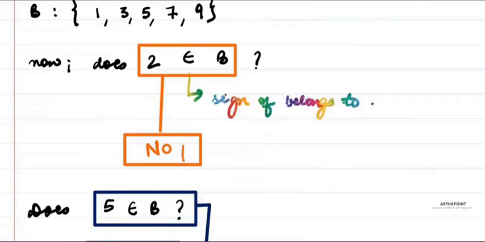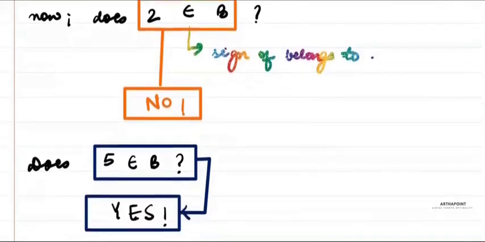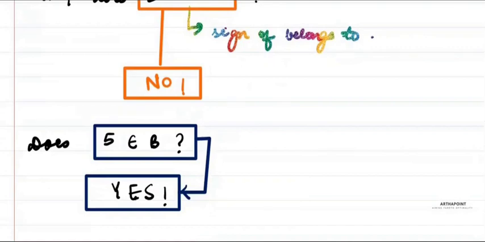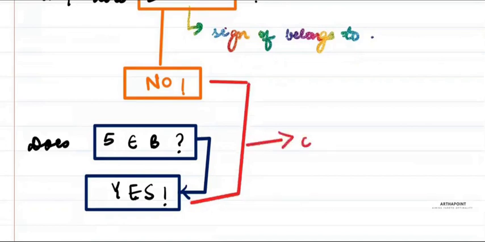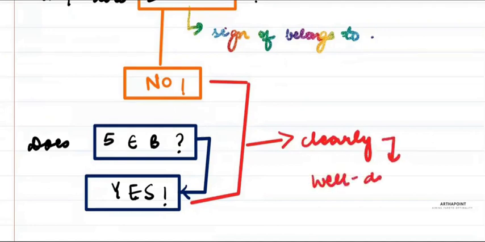Yes, 5 belongs to B. Because I have been able to clearly explain whether something belongs or does not belong, the set is well defined. I clearly know which elements belong to the set and which do not.